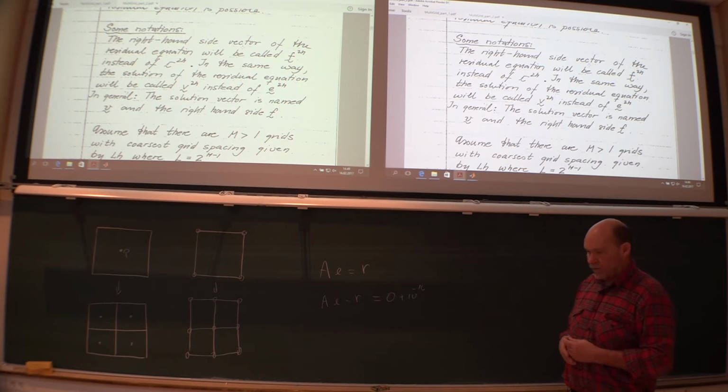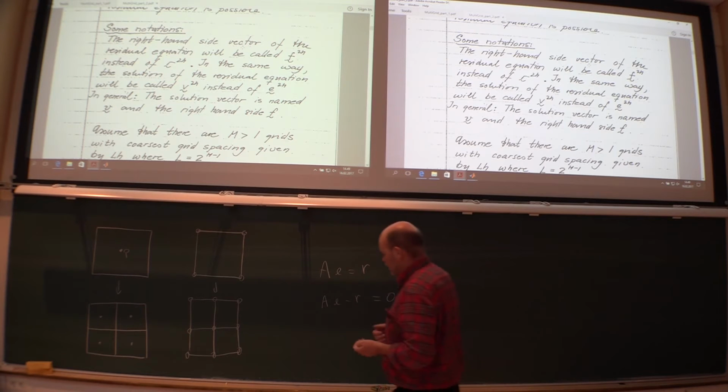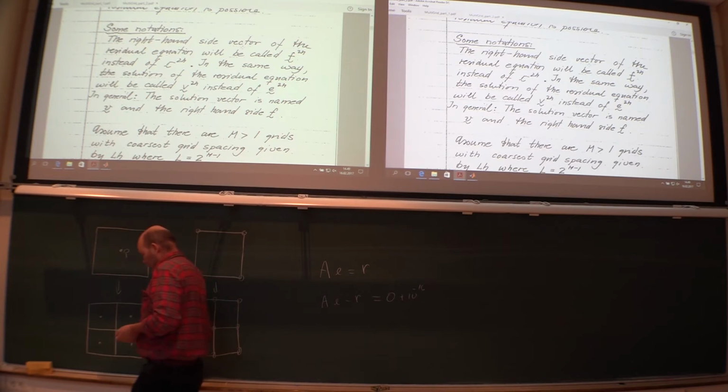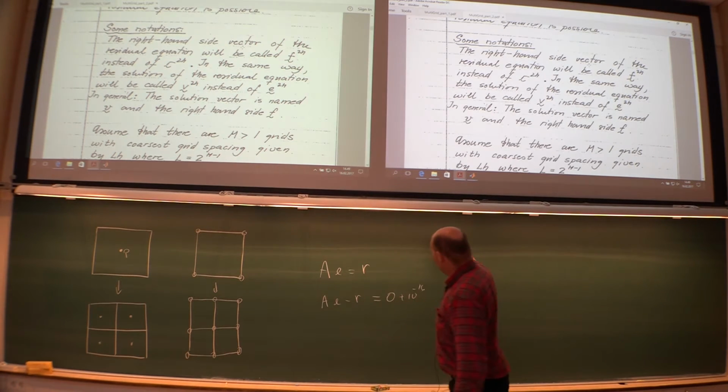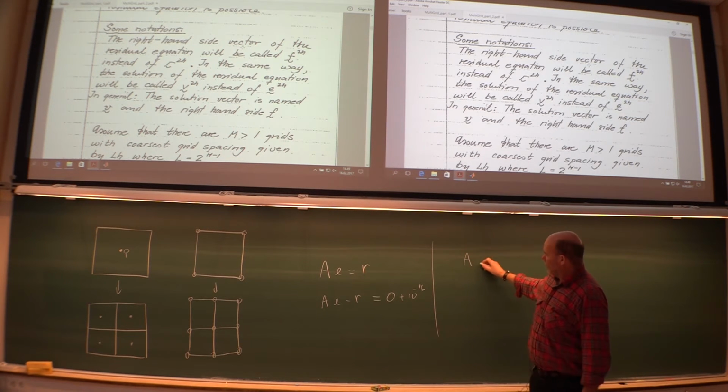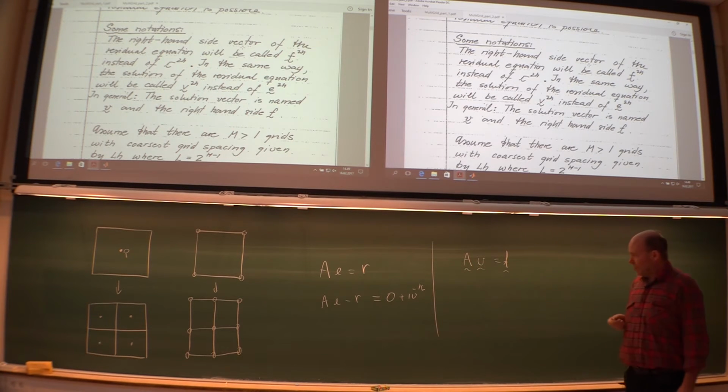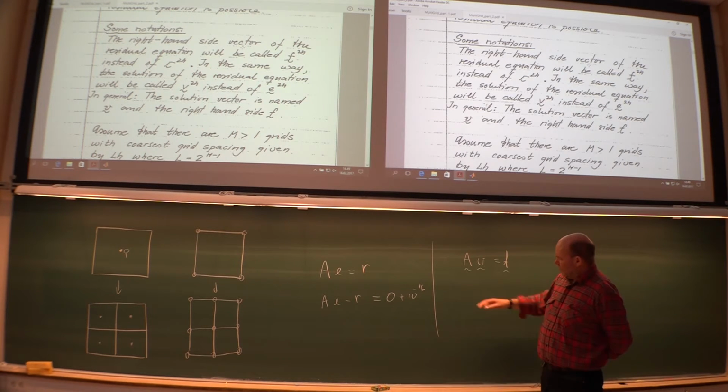But then you have to pay attention with the notation. The original equation system was A V equals F, like that, V being our numerical approximation. On the coarse mesh, you will have A times the error equals the residual.